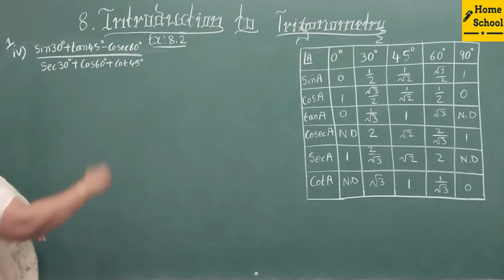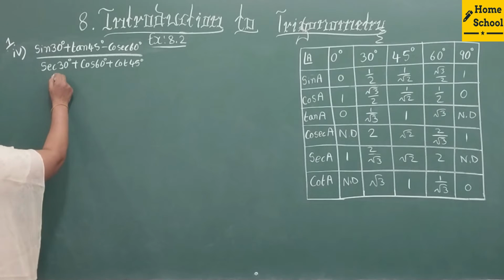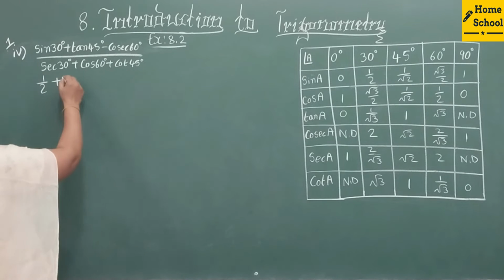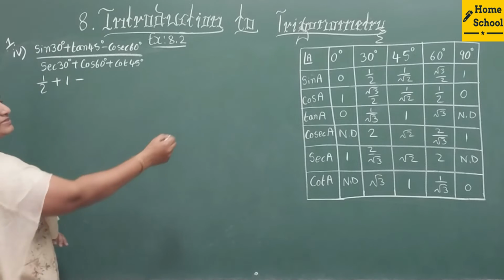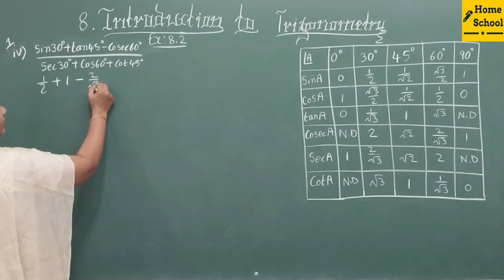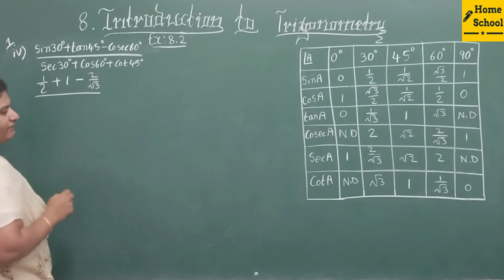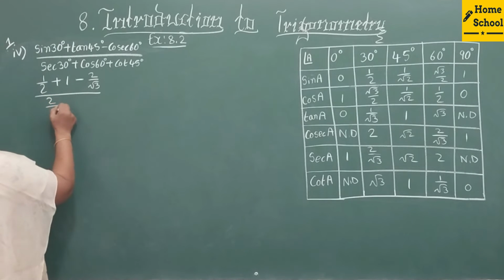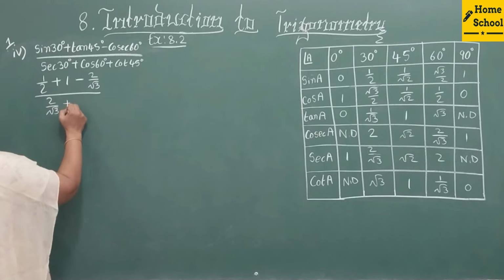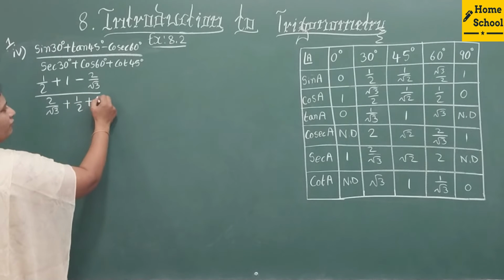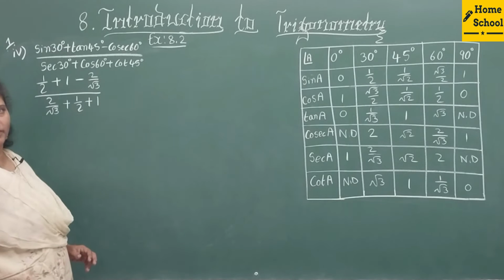What is sin 30 degree? 1 by 2, plus tan 45 degrees 1, minus cosecant 60 degree 2 by root 3, whole divided by secant 30 degree 2 by root 3, plus cos 60 degree 1 by 2, plus cot 45 degree 1.